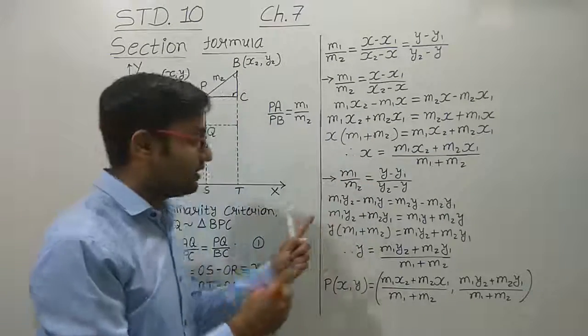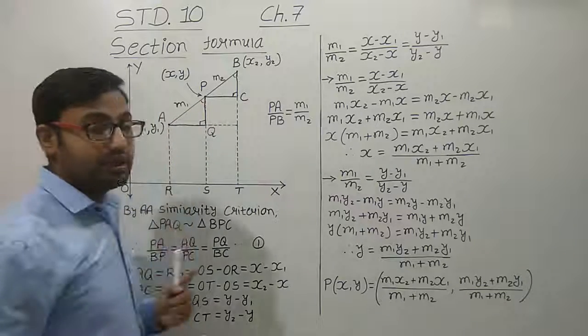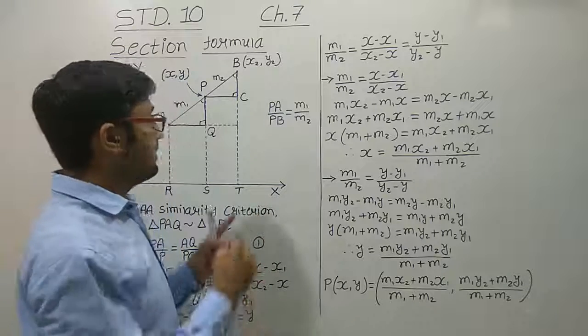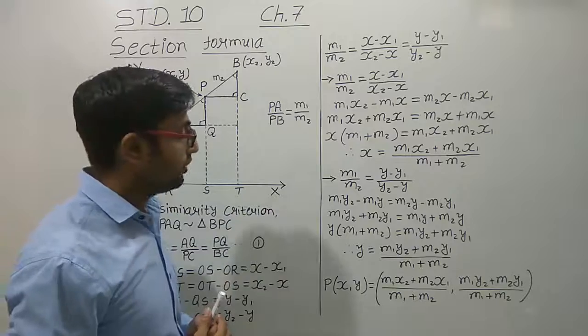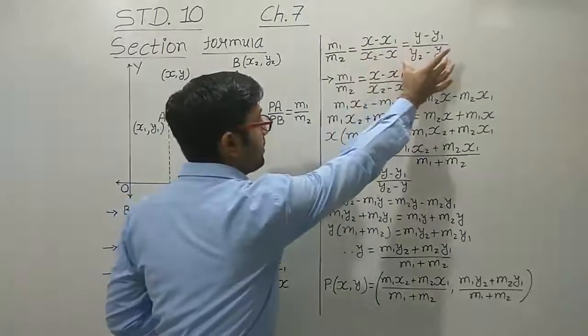And what is X? We supposed X as the X coordinate of the point P, which divides the line segment AB in some proportion. Right? Okay, now compare this M1 upon M2 with this portion.